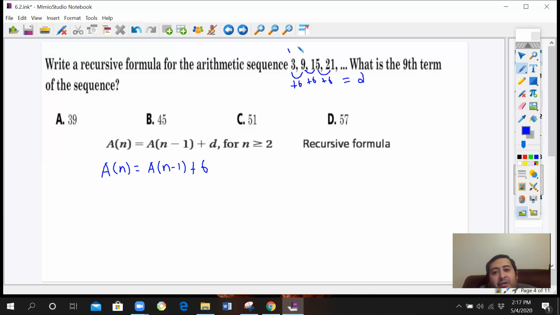Since this is our first, second, third, and fourth term, let's look for the fifth one now. So A5 equals A5 minus 1 plus 6, which in this case is going to be A4 plus 6.